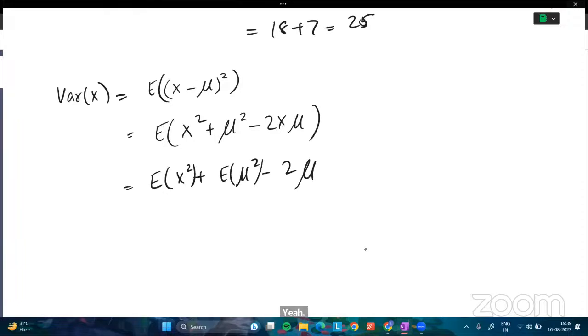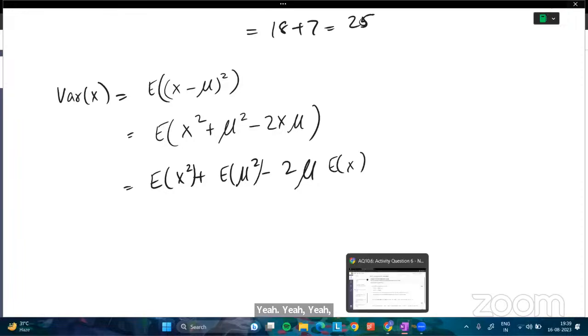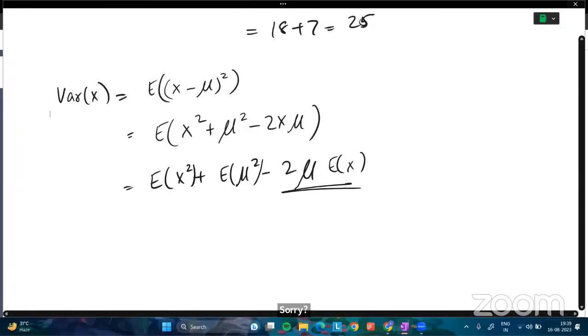Okay, ma'am. Got it. Just expand this square. I don't think you'll get it either. I think you missed out on this term. Yes, ma'am. Okay, ma'am. Thank you, ma'am.